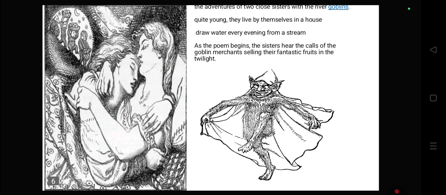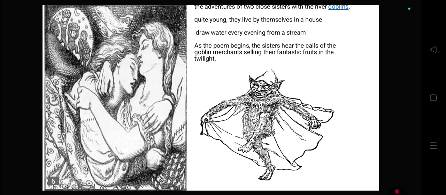There they met these goblin merchants. As the poem begins, the sisters hear the calls of the goblin merchants selling their fantastic fruits in the twilight. Now see the timing. It's twilight. Twilight is something like dusk, the meeting point of evening and night. In our culture, people suggest that at that time no good work should be done.